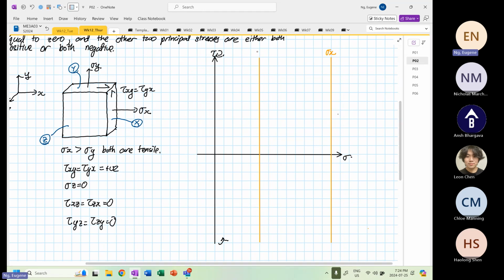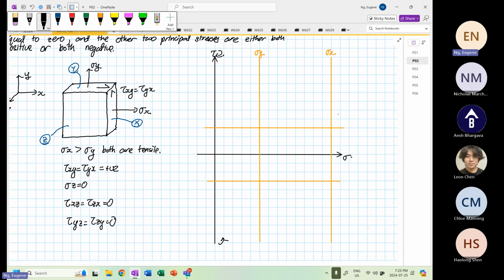So this is our stress Y. Okay, and then we have our shear, and then we have another shear over here. Right, and then with this, we identify our point X.